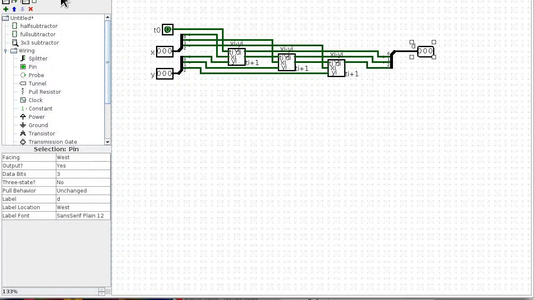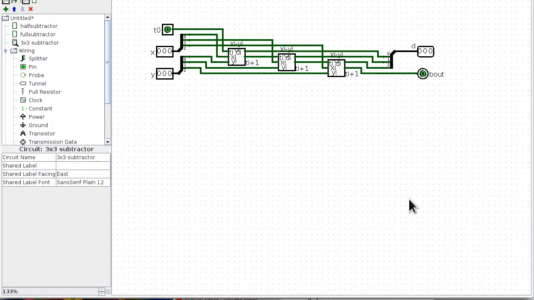And now we need 1 extra output pin, which is the overall borrow of the entire subtractor. We'll just call it B out, okay? And that's just a straight connection from TI plus 1 of bit 2 all the way out here. Okay, so now we got a 3-bit by 3-bit full subtractor.